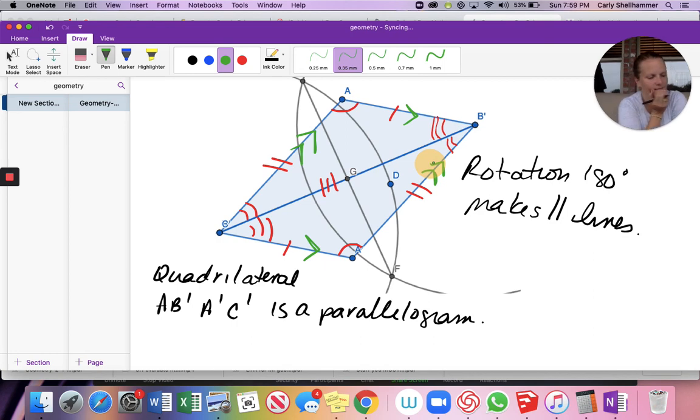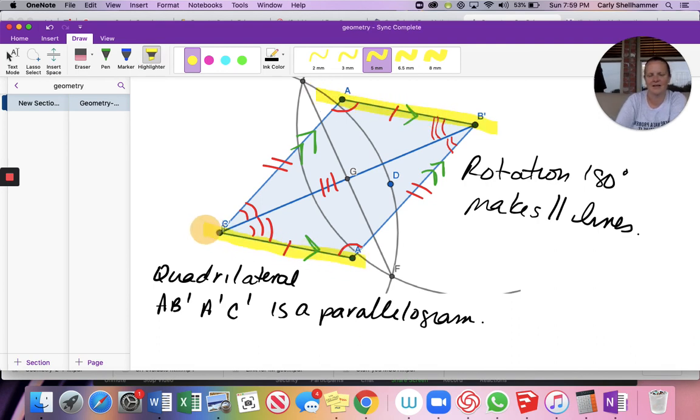Okay. What else? Ooh, here's a good one. Let me get a highlighter. Here I set a parallel line, and here's a transversal. So we know that alternate interior angles are congruent. Those are alternate interior angles.